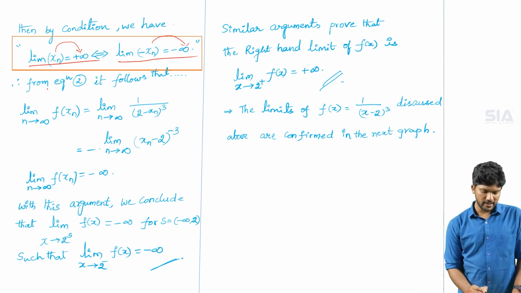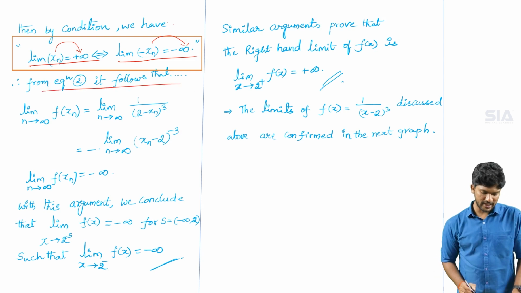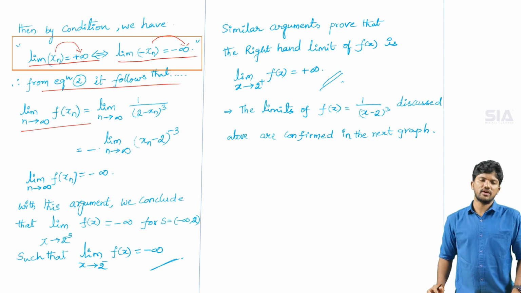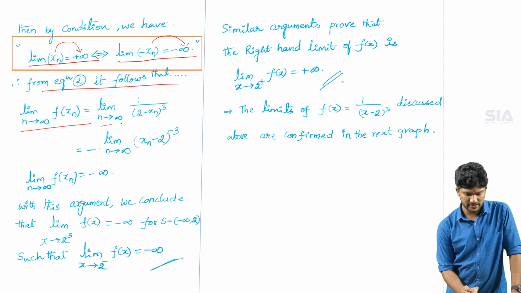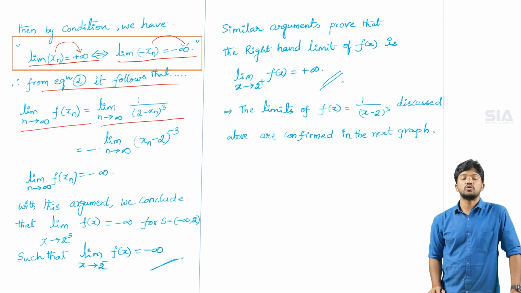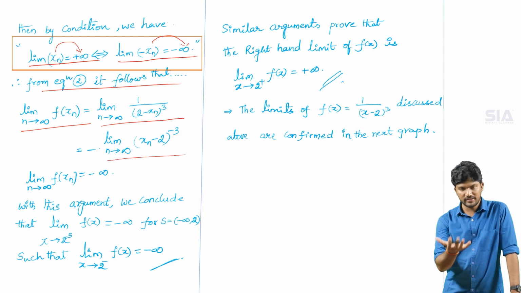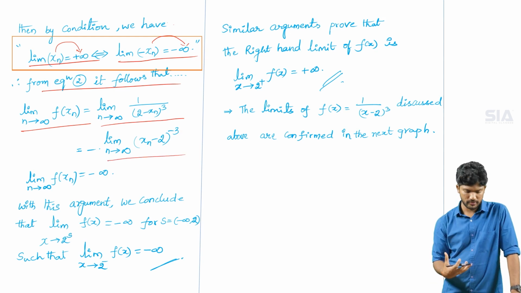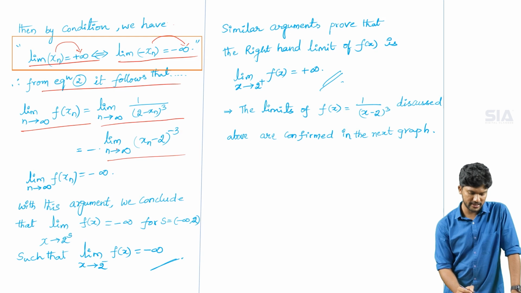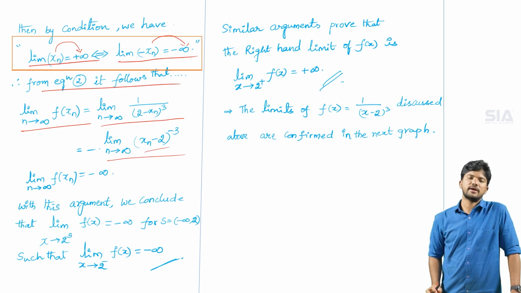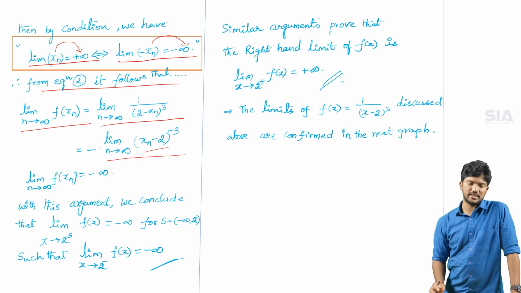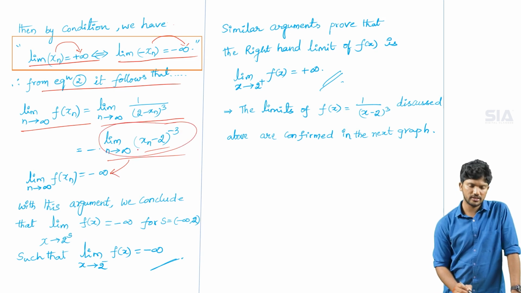Same from equation number 2, if you apply that condition, limit n tends to infinity f of x suffix n is equal to limit n tends to infinity 1 by (2 minus x suffix n) whole cube. Now in place of that value we are applying that minus infinity, sorry, minus limit. So therefore minus limit n tends to infinity (x suffix n minus 2) whole power minus 3. That value will become minus 8. Why? Because this value we got as infinity.